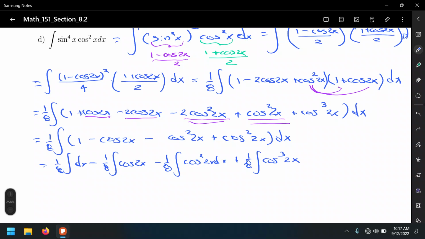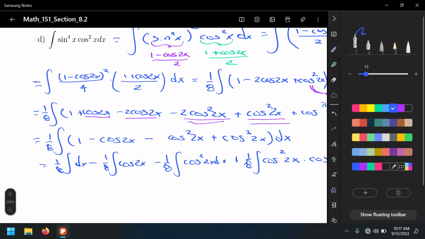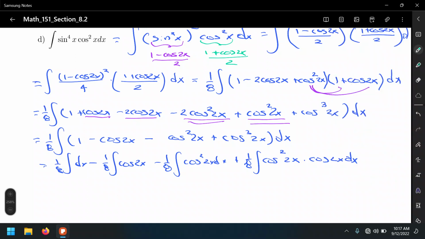Well, actually, in this same step, I'm going to write this cosine squared 2x times cosine 2x dx.